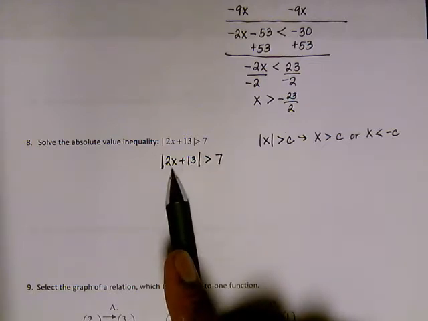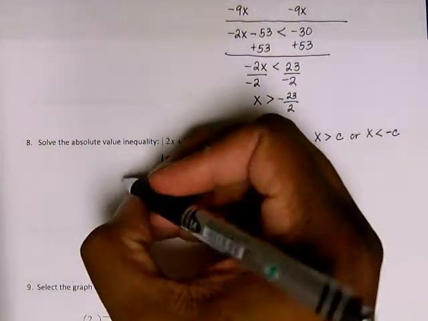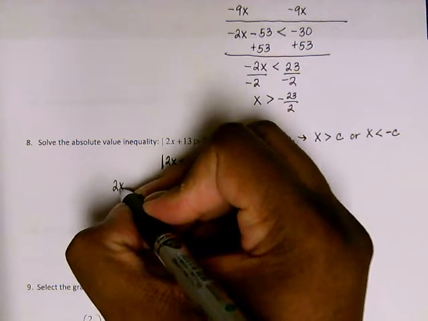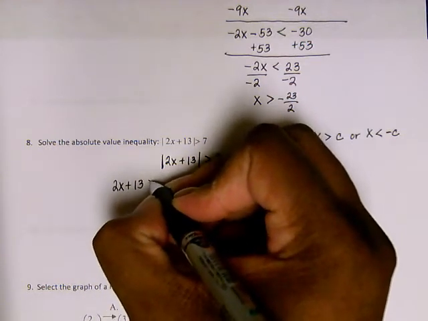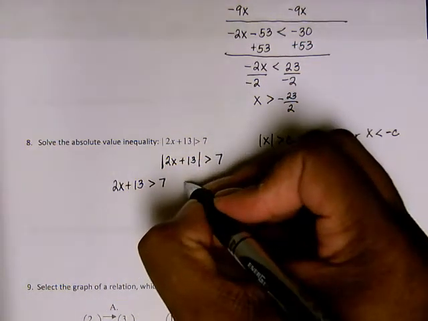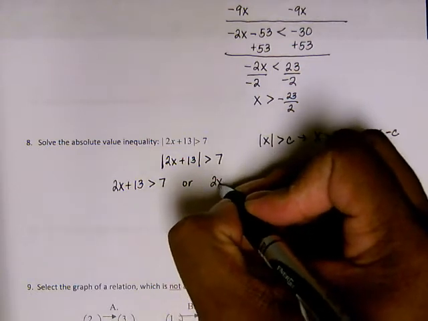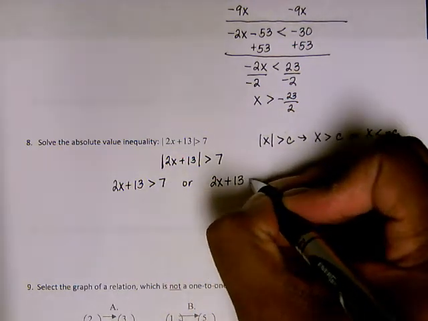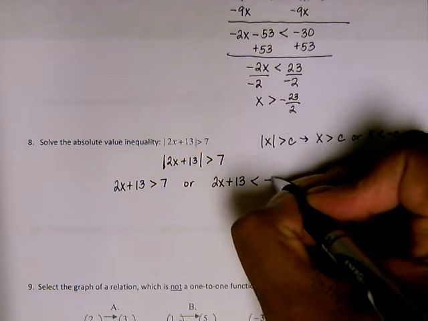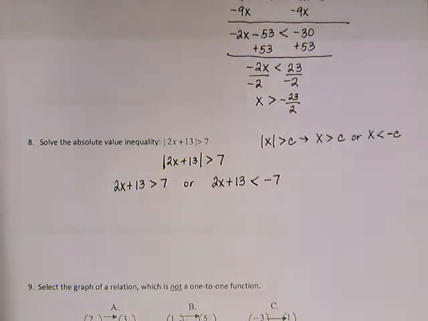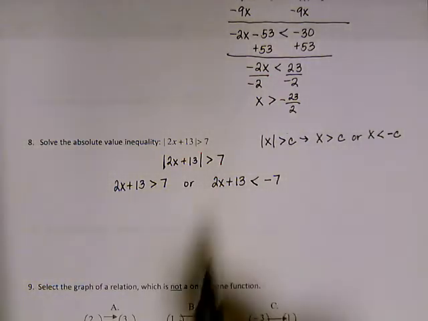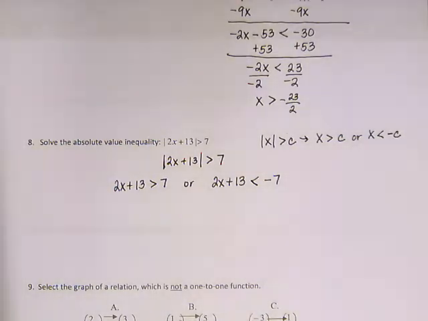So the absolute value of 2x plus 13 is greater than 7 means 2x plus 13 is greater than positive 7, or 2x plus 13 is less than negative 7. Okay, now for each inequality I have to get x by itself.